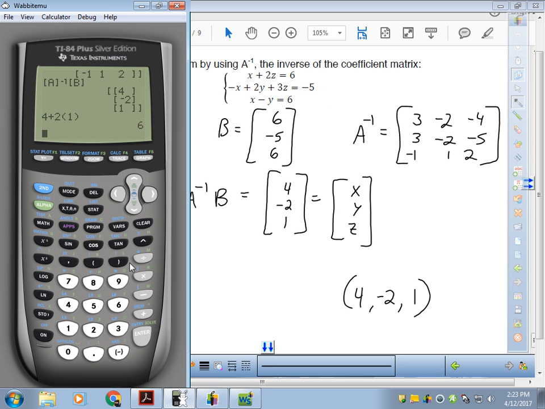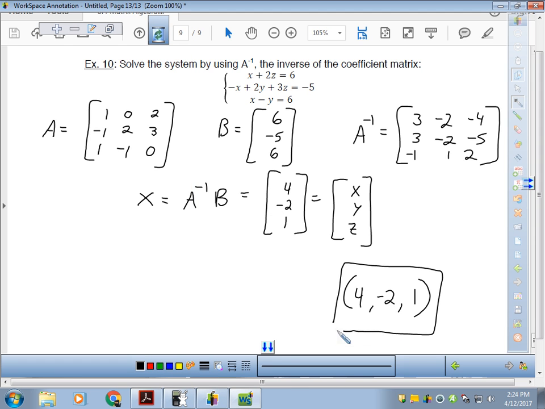For the second equation, -4 plus 2 times -2 plus 3 times 1, that gives us -5, which matches. And then for the last one, 4 minus a -2, that gives us 6. That matches that. So we can feel pretty confident that is the solution to this system of equations.